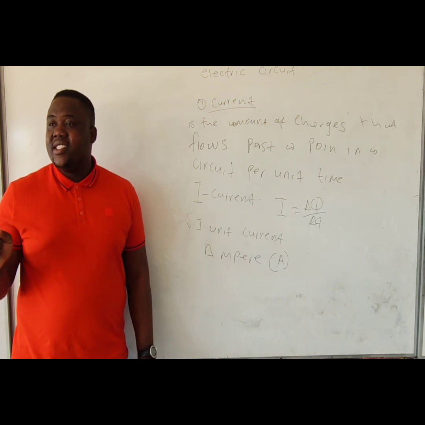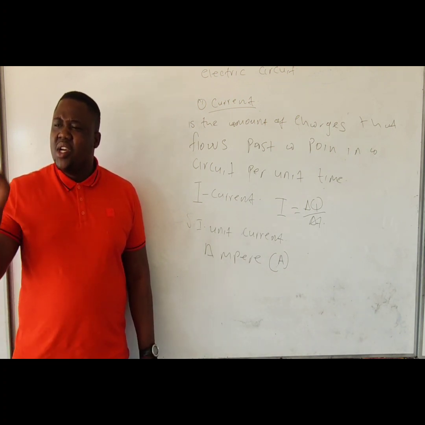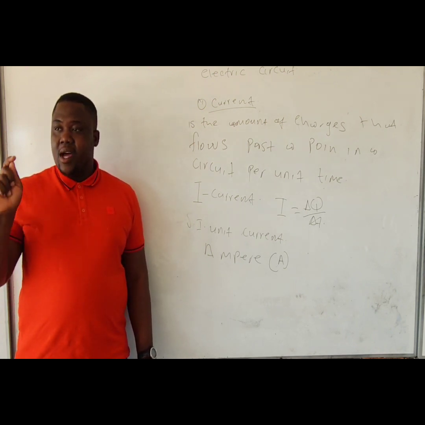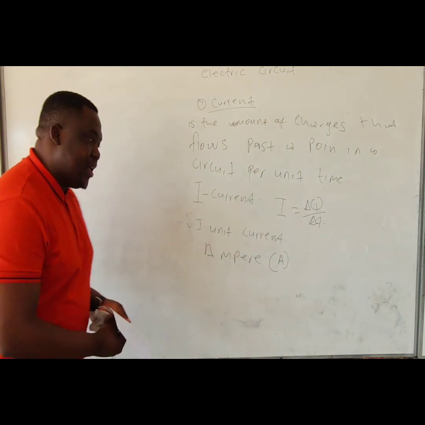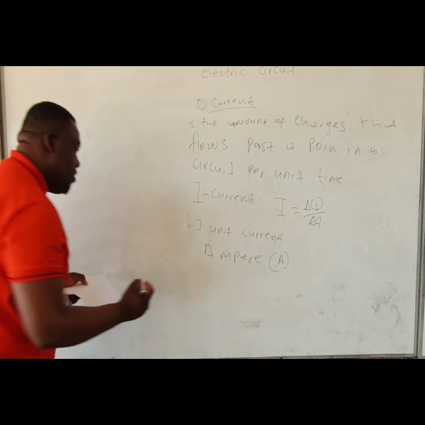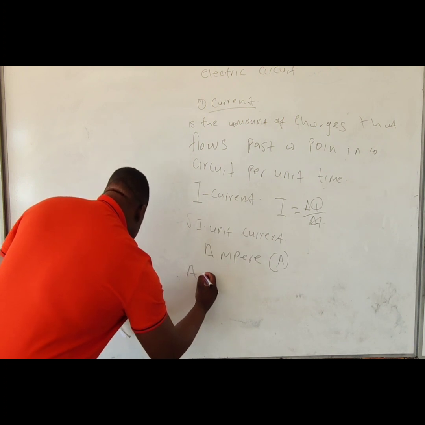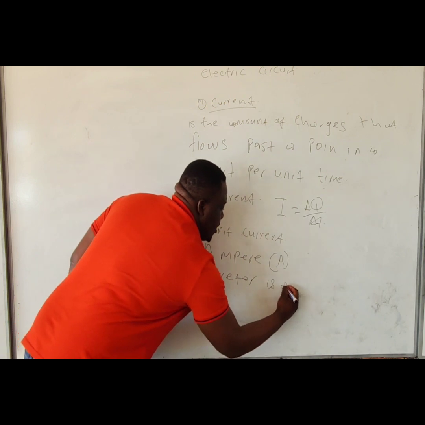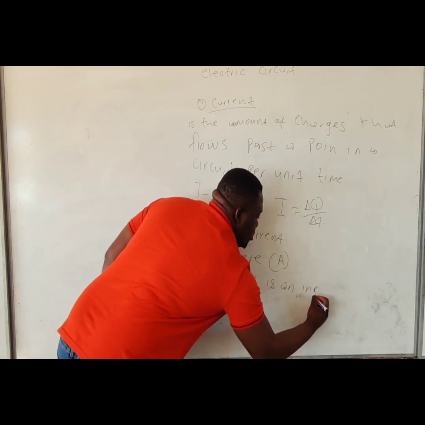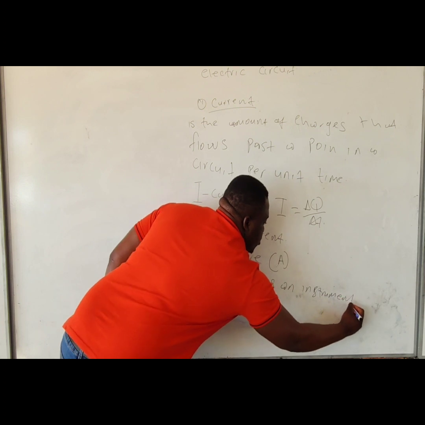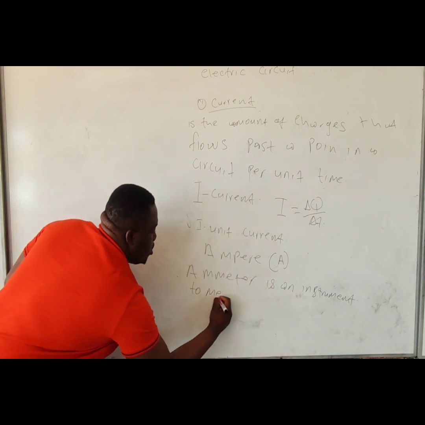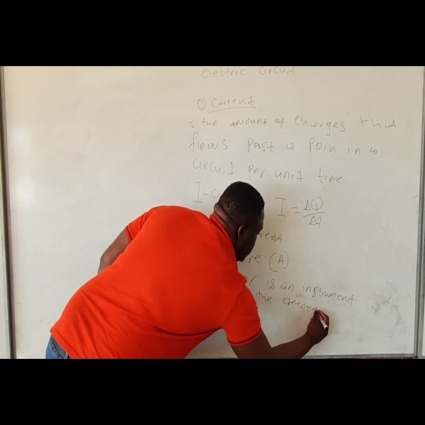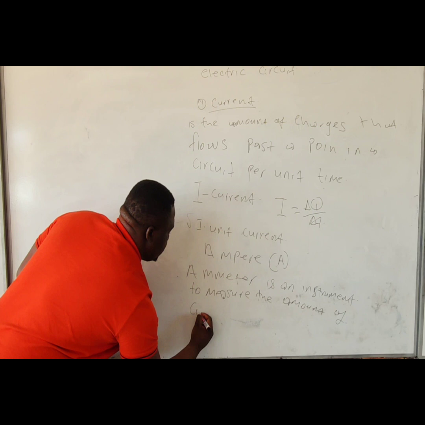An ammeter is an instrument that we use to measure the amount of current.